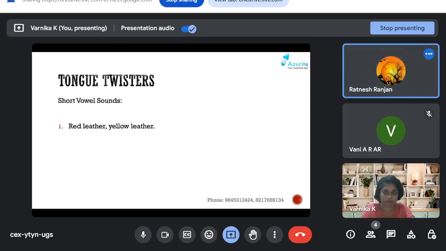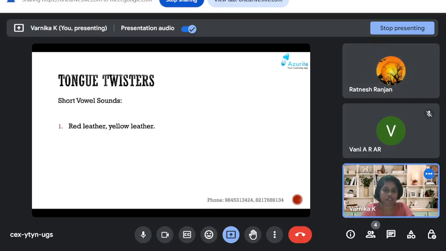Red leather, yellow leather. Can you read it a little faster? Red leather, yellow leather.